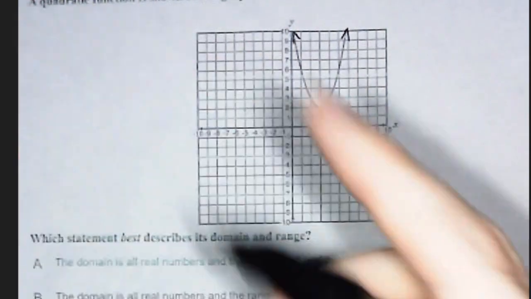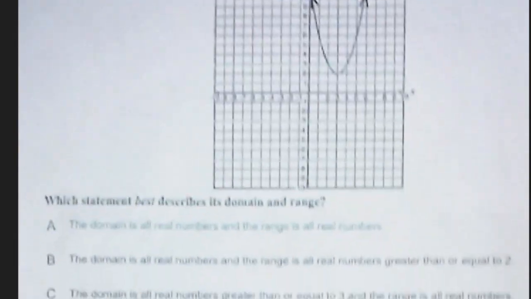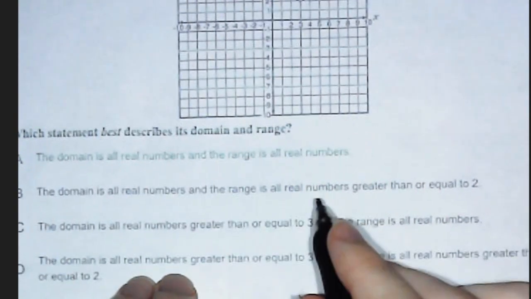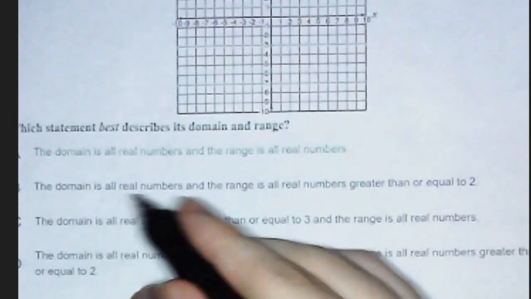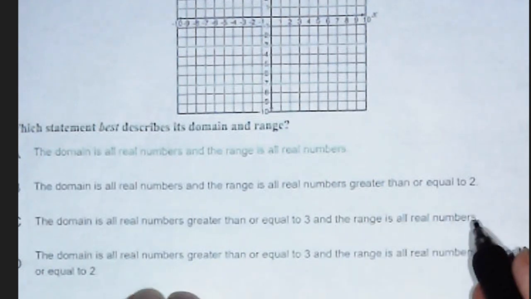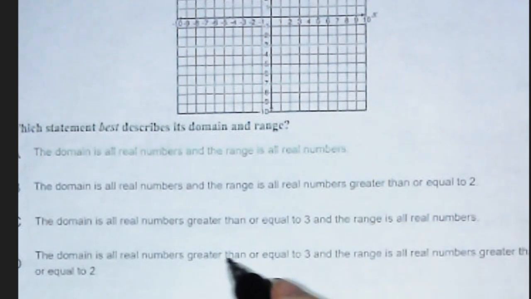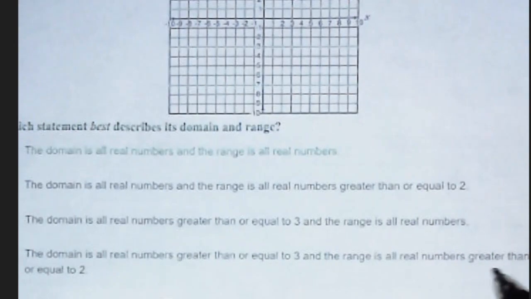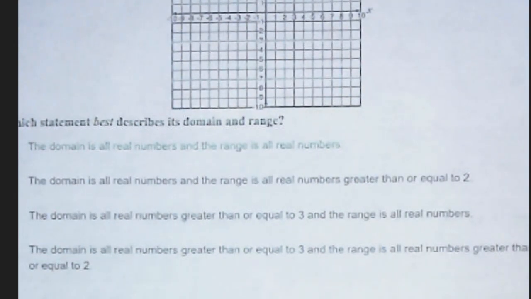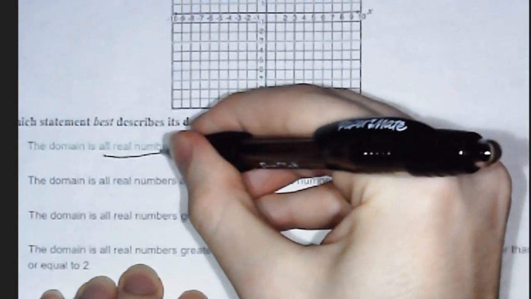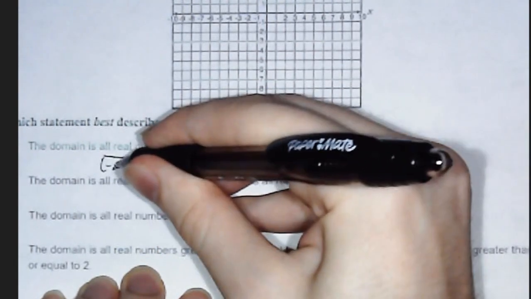But it says the domain and the range is all real numbers, or the domain is all real numbers and the range is all real numbers greater than or equal to 2, or the domain is all real numbers greater than or equal to 3 and the range is all real numbers, or the domain is all real numbers greater than or equal to 3 and the range is all real numbers greater than or equal to 2. So, what this means, all real numbers is the same thing as negative infinity to positive infinity.